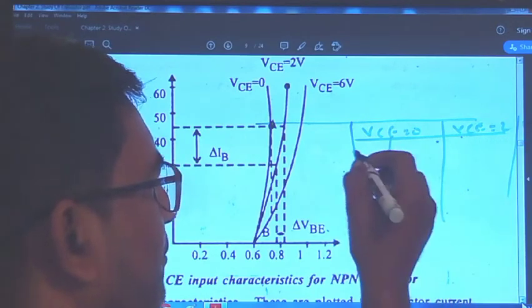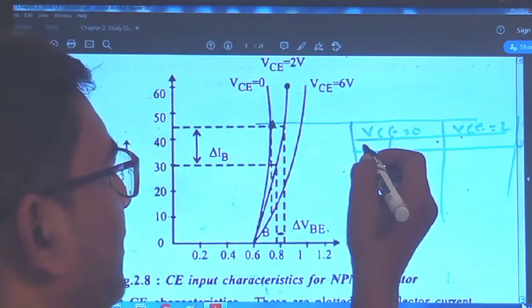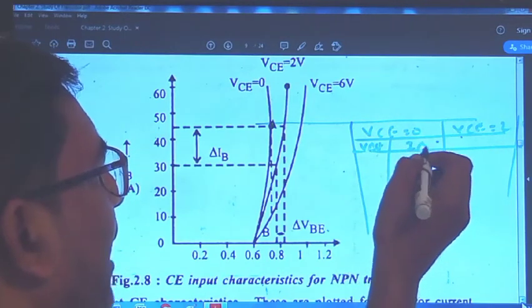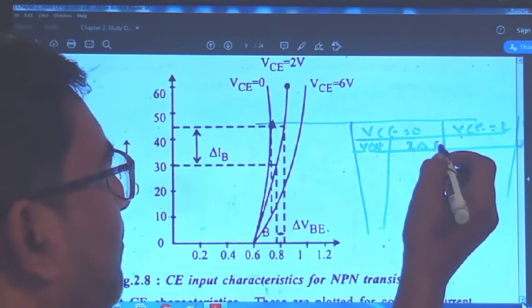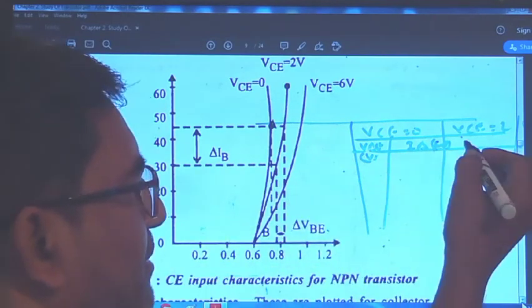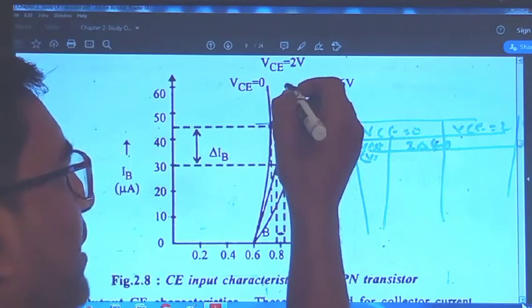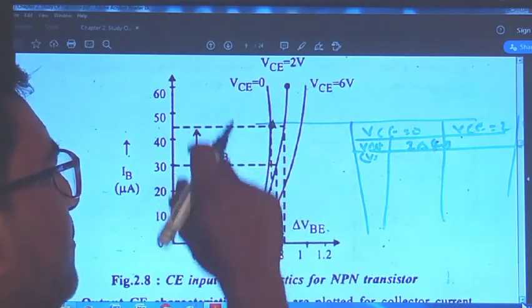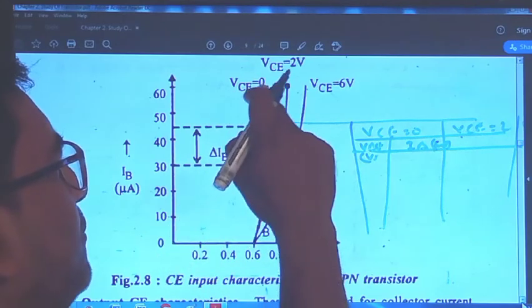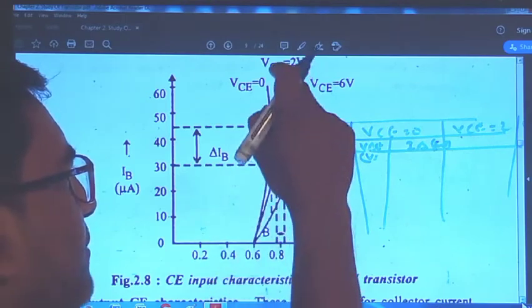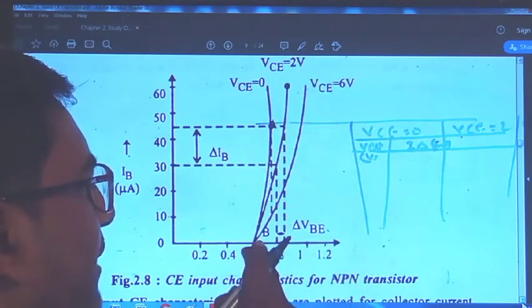By keeping this constant, we will mark first the values of VBE and IB. IB is always measured in microamperes, and VBE is measured in volts. The same thing, the first value, second value and third value, get marked by increasing and decreasing. So for VCE equal to 0 we get this characteristic, for VCE equal to 2 we get this characteristic, and for VCE equal to 6 we get this characteristic.